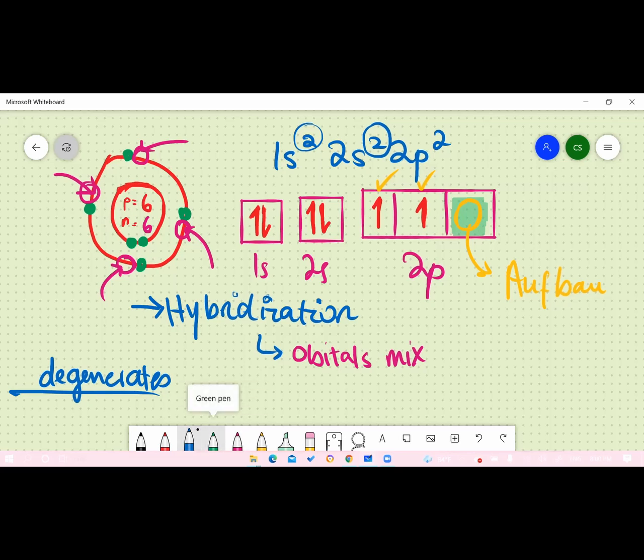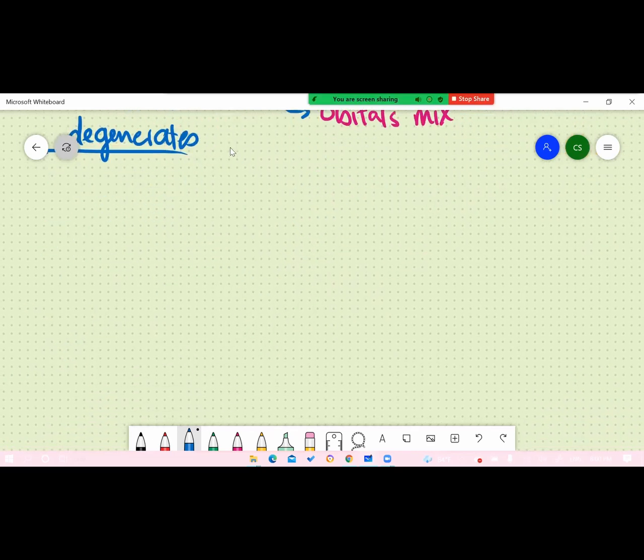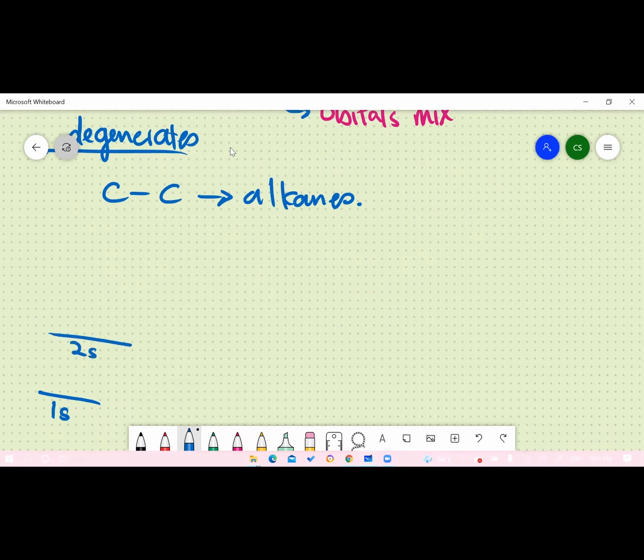Hybridization is where orbitals mix. And in this case, I'm going to show you where the s orbitals mix with the p orbitals. So let me scroll up a bit. In the case of carbon-carbon single bonds, those are alkanes, right? That's the homologous series, alkanes. What you'll see is, you have your 1s orbital here. Above that, you'd have your 2s orbital.